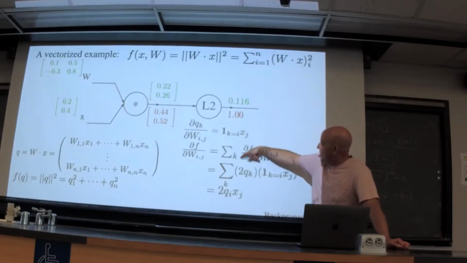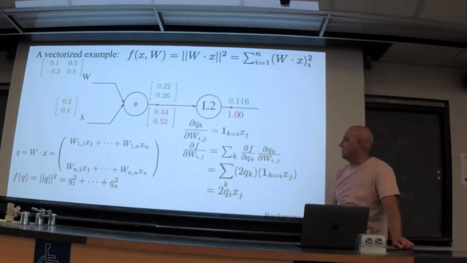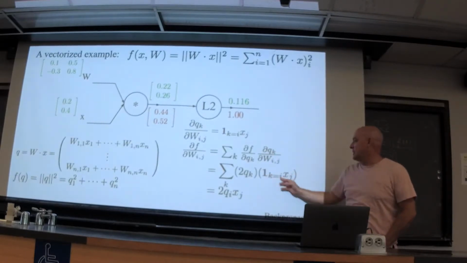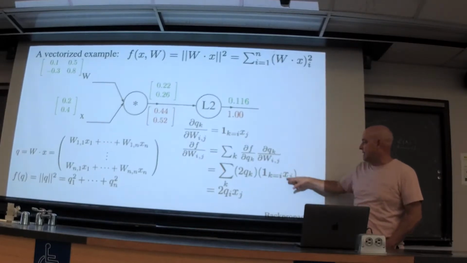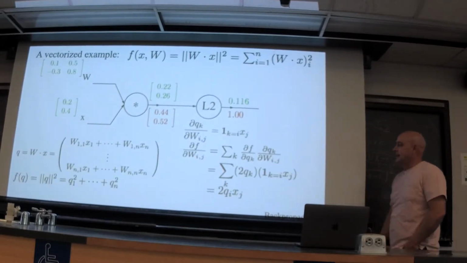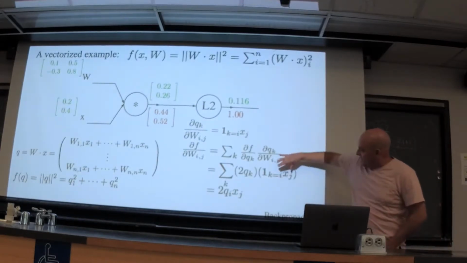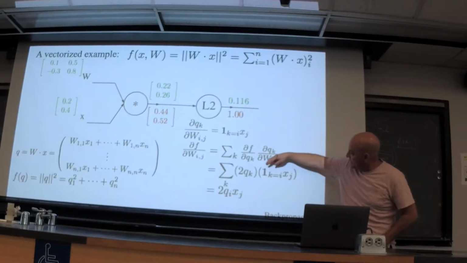So we can do this math fairly simply. We know what this is right here. We already computed it. That was 2 times Qk. And then we have this entry as well. We know it's the indicator, to make sure we pick out the right row. And then we just get the value of x corresponding to the right column. If we put all that together, this term right here is just going to be 0 unless k is equal to i.